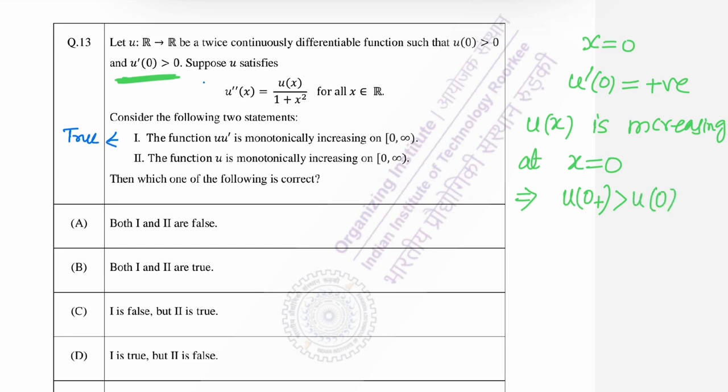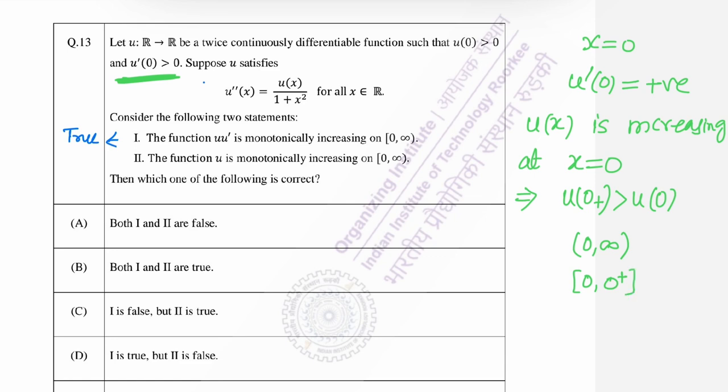And I have already proved that the function u is monotonically increasing in this interval, and now I prove that the function u is increasing in this interval, so in this interval.